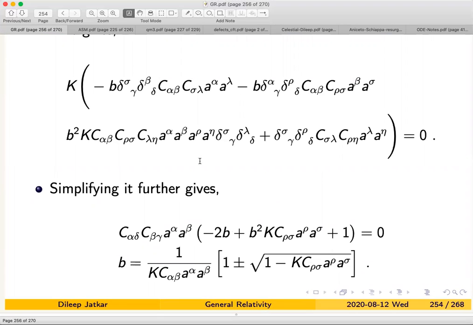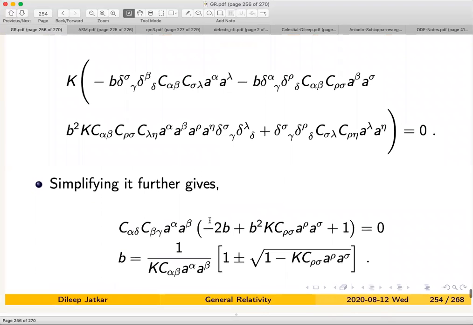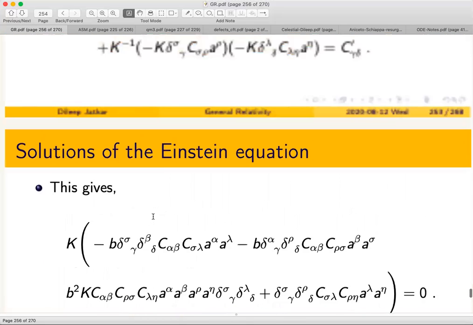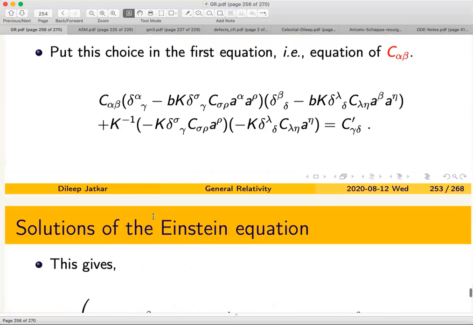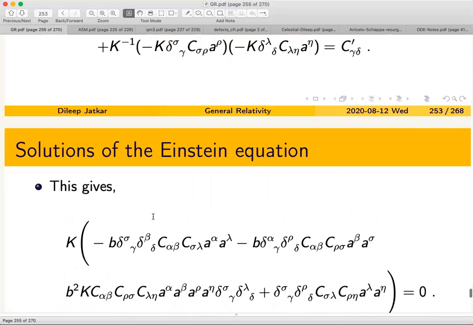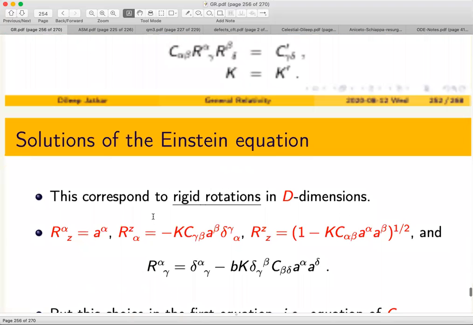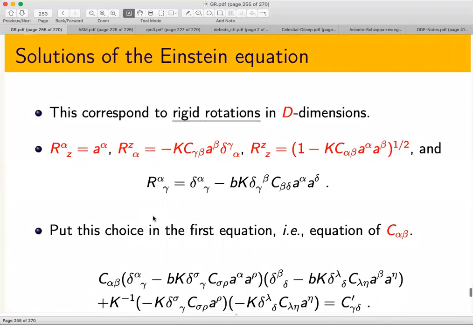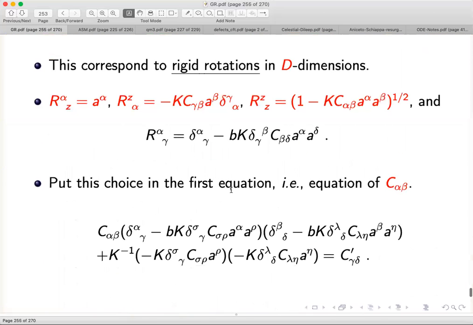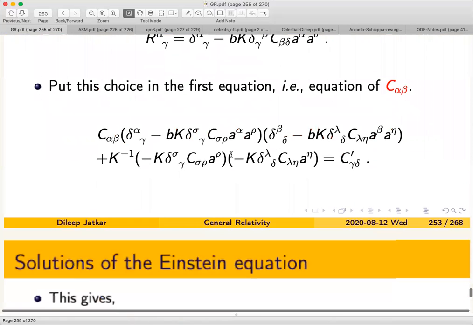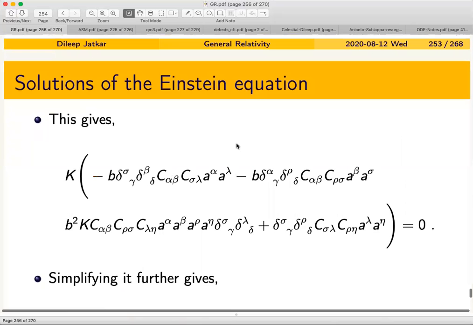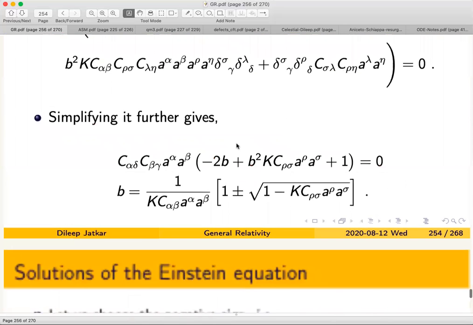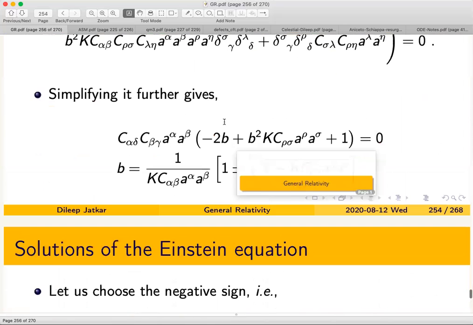What you're trying to do here is to determine B, the parameter which was sitting out here, and you want to determine that parameter. After massaging these equations, the parameter B takes the form like this.